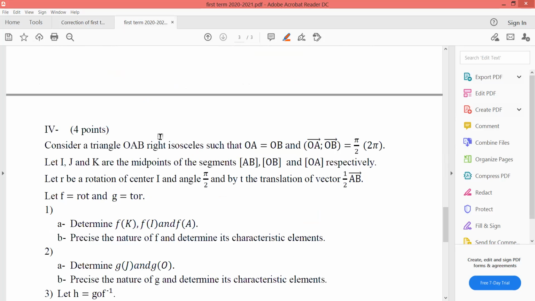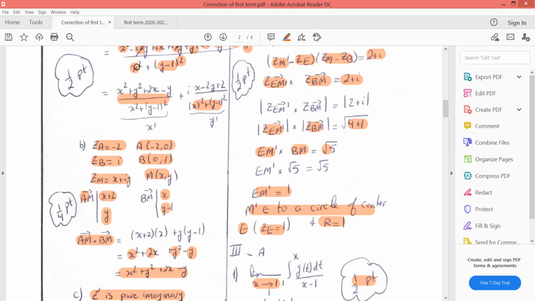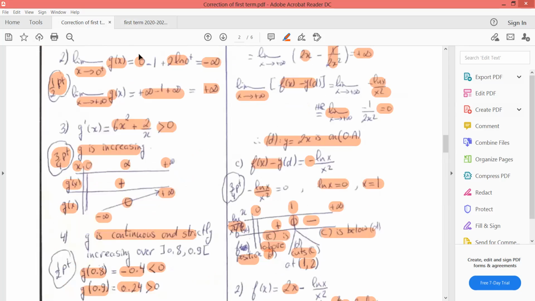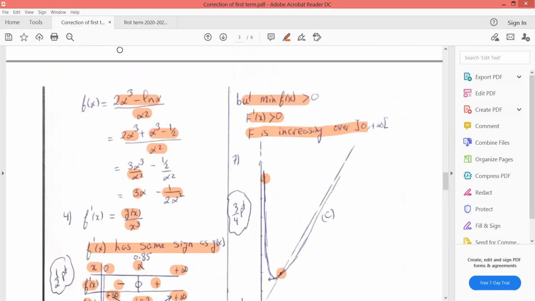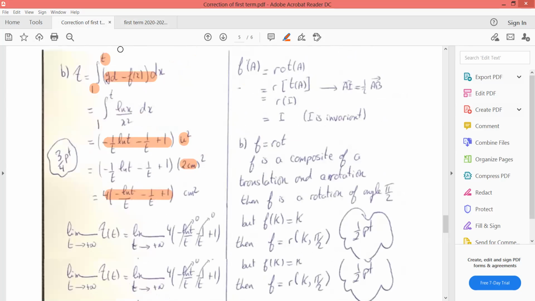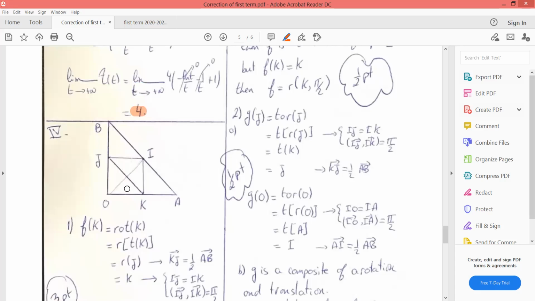Exercise 4, which is about rotation. Consider a triangle OAB, right isosceles, such that OA equals OB and the angle (OA, OB) equals pi over 2.